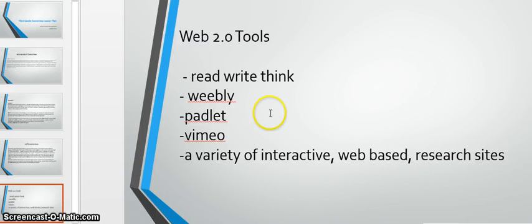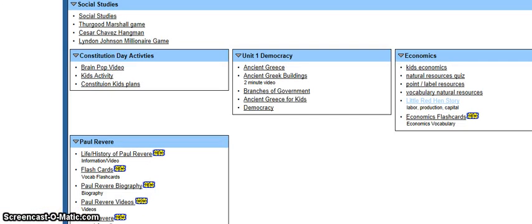These are a few of the Web 2.0 tools that we used. I have a portal that supports learning for all standards, but we start with Little Red Hen. It's a very familiar story, and it builds a very strong text-to-world connection for the students at the beginning of the unit.